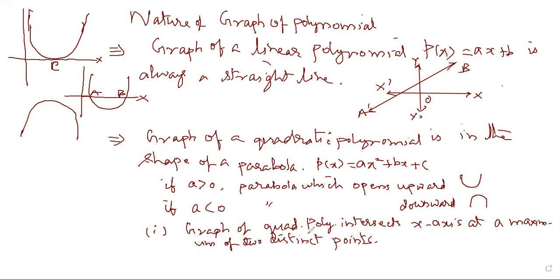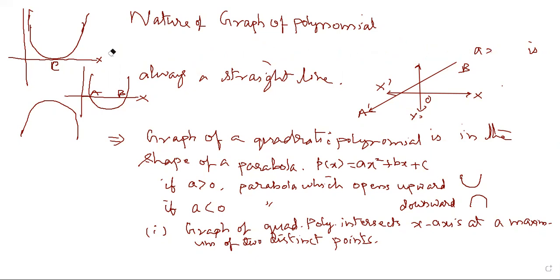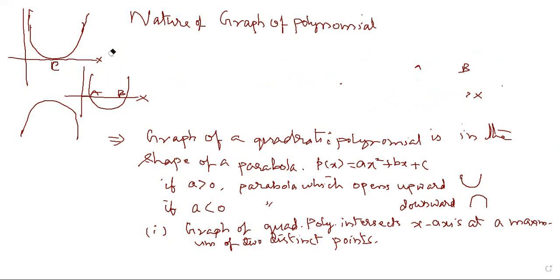And the graph of a cubic polynomial intersects the x-axis at the most 3 distinct points. If it intersects the x-axis at 3 distinct points, then you can understand that this is the graph of a cubic polynomial.